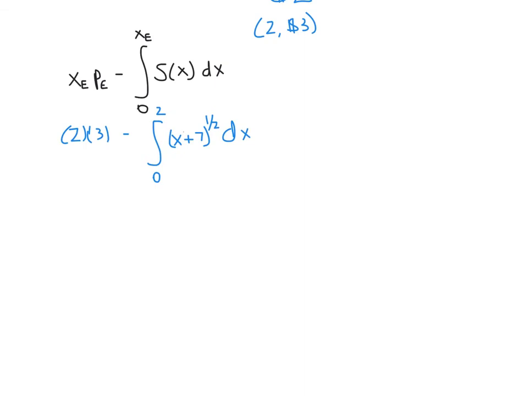Alright, so now we have 6 minus, and now we need to integrate. So we're going to integrate (x plus 7) to the 1/2 power. That's going to look like (x plus 7), adding 1 to the exponent gives 3/2, and then dividing by 3/2 is like multiplying by 2/3. And we're integrating from 0 to 2.